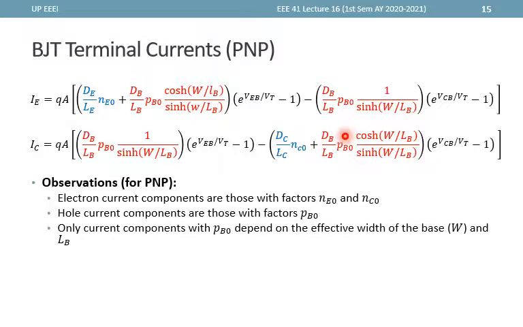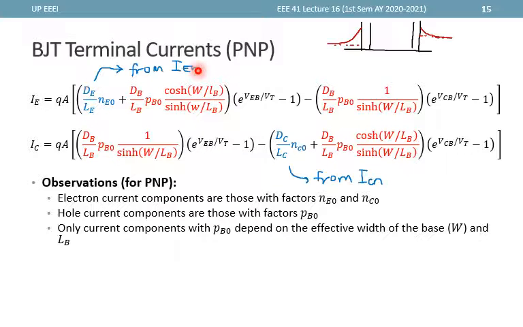So some observations first. The electron current components, IEN and ICN, are those with factors NE naught and NC naught, and they are the ones in blue. They are the ones based on the slopes of the carrier concentration at these two points.